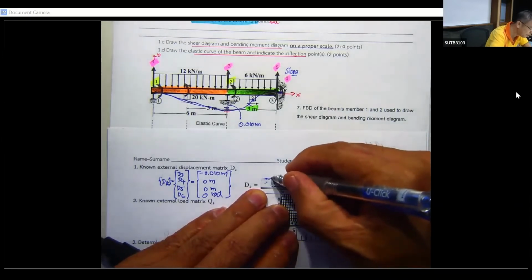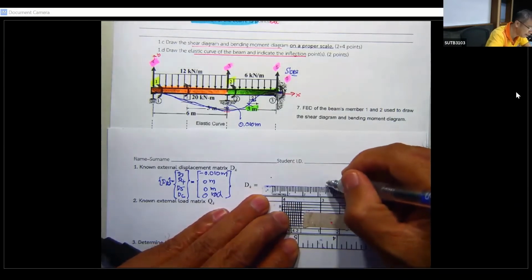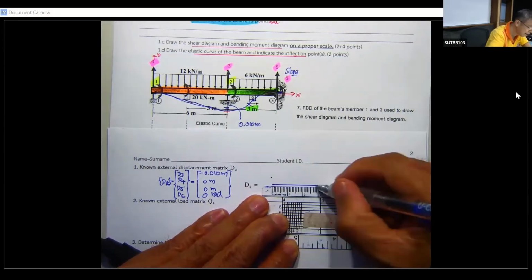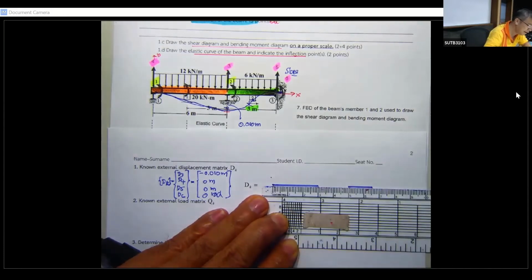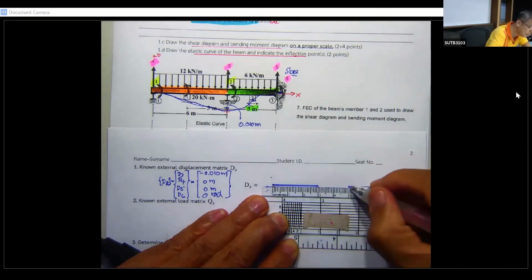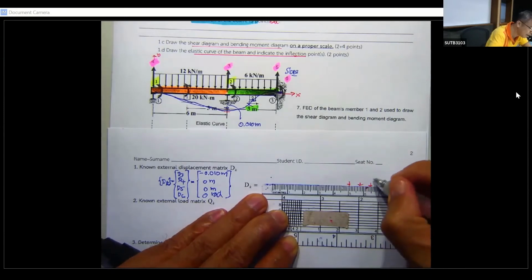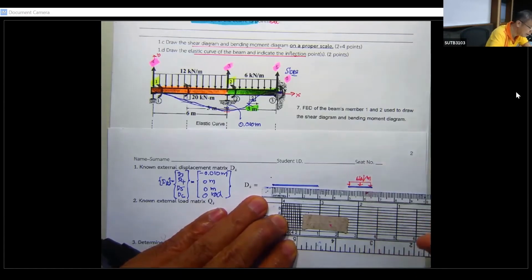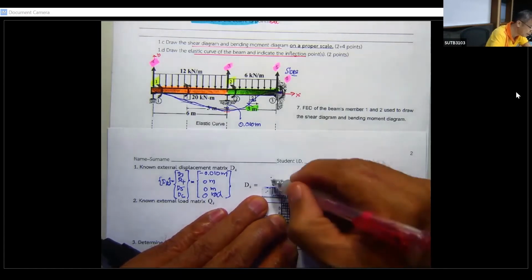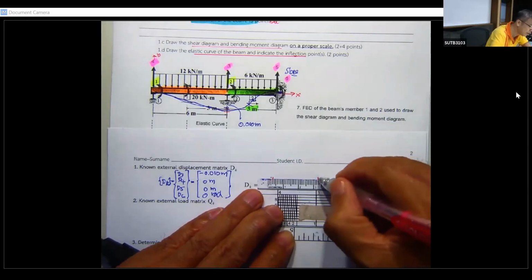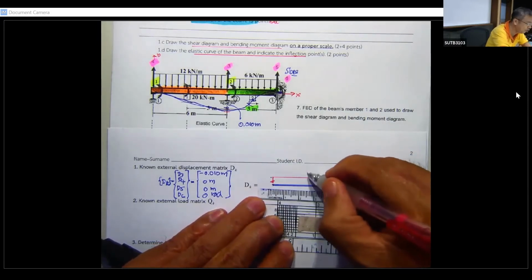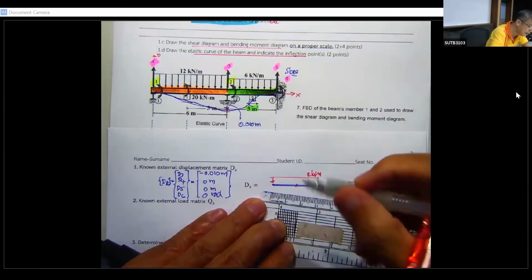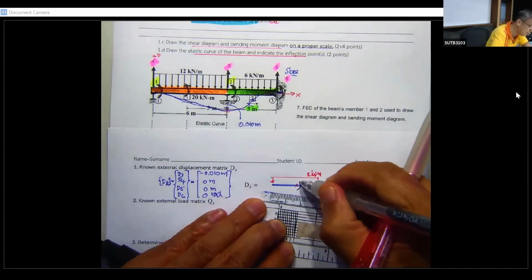This portion is 6 meters for 3 centimeters, and this one is only 1.5 centimeters for 3 meters. This portion is going to be simple because it's subjected to only 6 kilonewton per meter, but this one has the uniformly distributed load of 12 kilonewton per meter, and also 20 kilonewton meter.